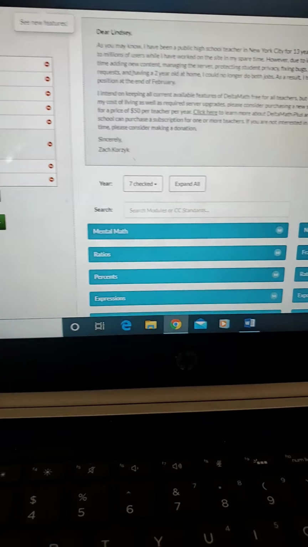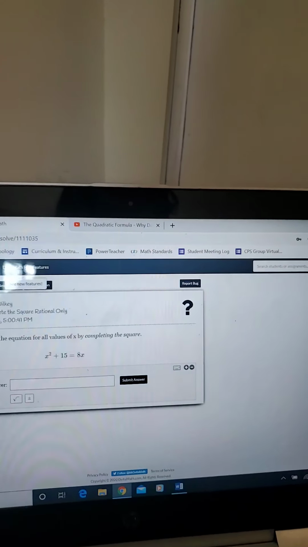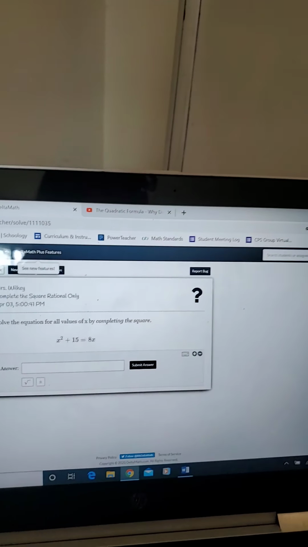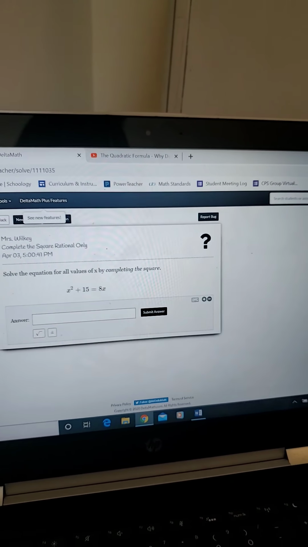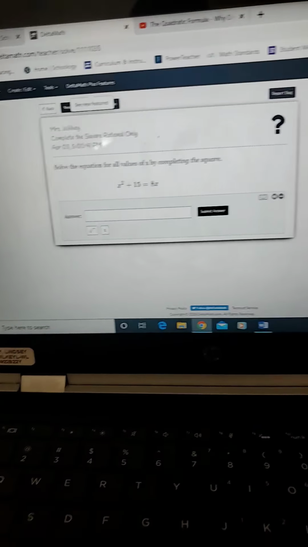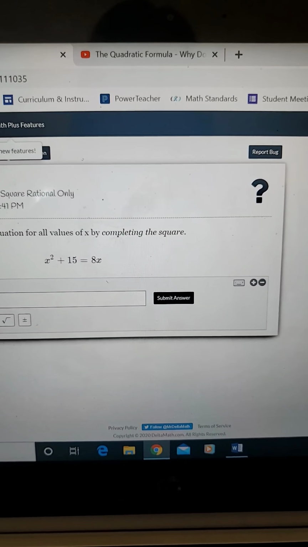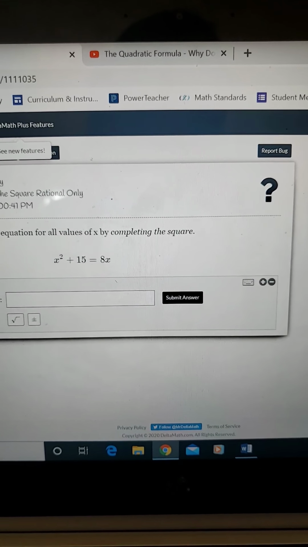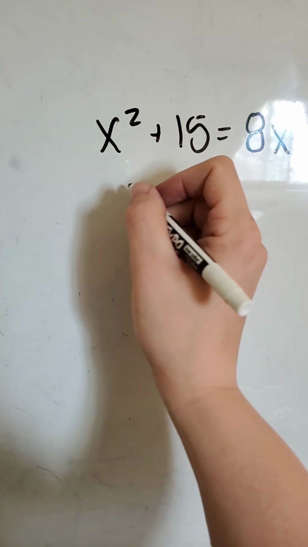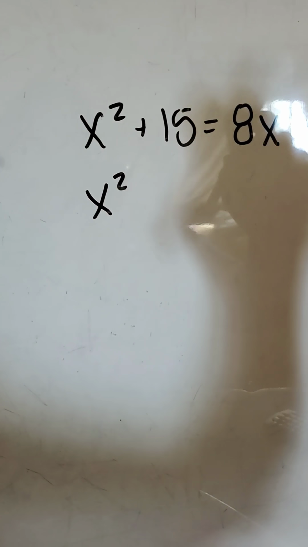Okay. All right, complete the square, rational only. That just means it has rational number solutions. Okay, here we go. x squared plus 15 equals 8x. This does not quite look like what we normally deal with. I want to have x's on this side and constants on this side.